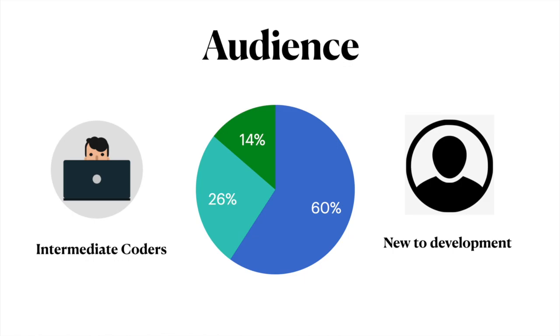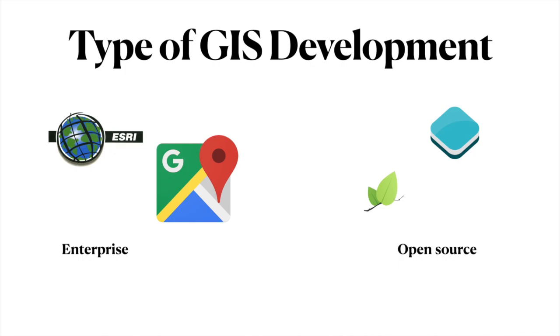Now let's try to see what exactly we will be learning in this course. Before going into that, let's see what the different types of web GIS development are. You have enterprise and you have open source. Enterprise development options are mostly Google Maps, Esri Maps, Here Maps, Azure Maps, etc. If you want to use these technologies to develop applications, you need to pay these companies.